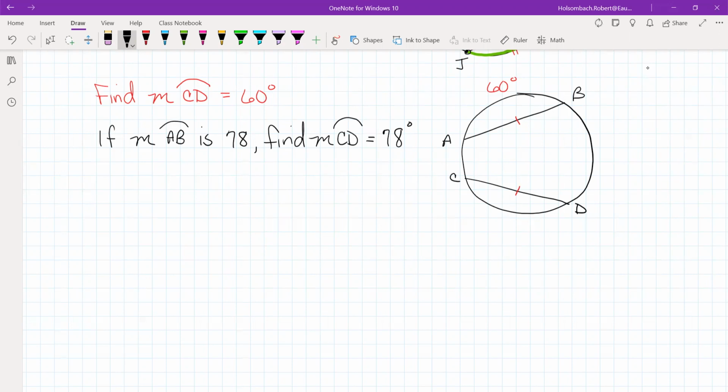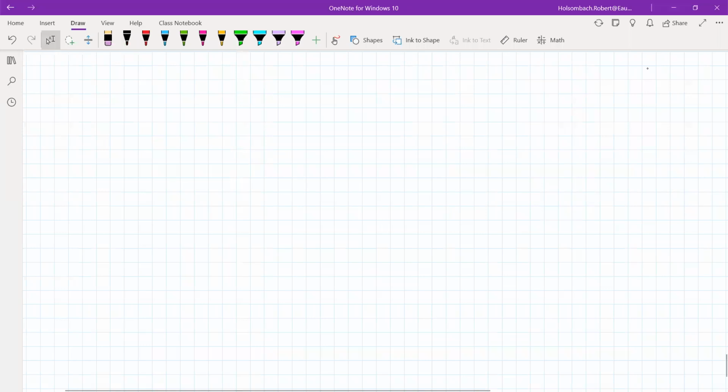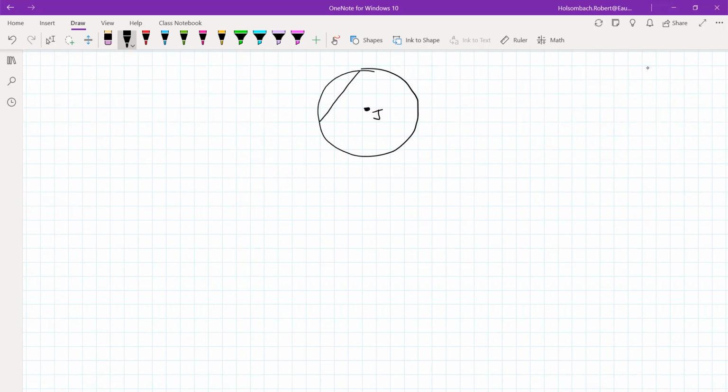So turn the page and look at example 2. Now we're going to introduce a little bit of algebra. We've got two circles. We've got circle J with a chord in it, and the chord is MN, and you're told that the length of the chord is 2x plus 1.